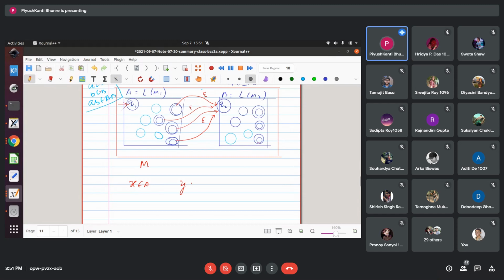Another is y belonging to B, and my input string is of this form, x and y: x1, x2, xn, y1, y2, ym. So this part is x, this part is y.